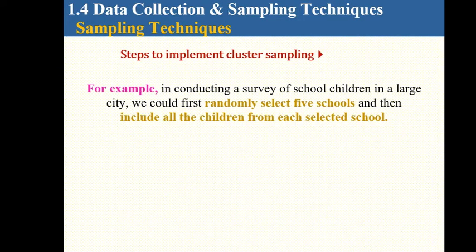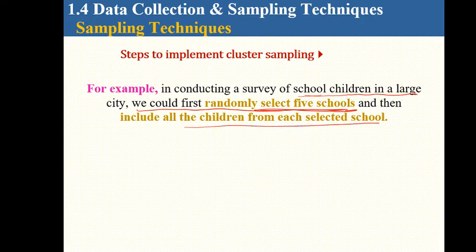Look at here. For example, when you conduct a survey of school children in a large city, we could randomly select 5 schools and then include all the children from each selected school. So in this example, your clusters are schools.